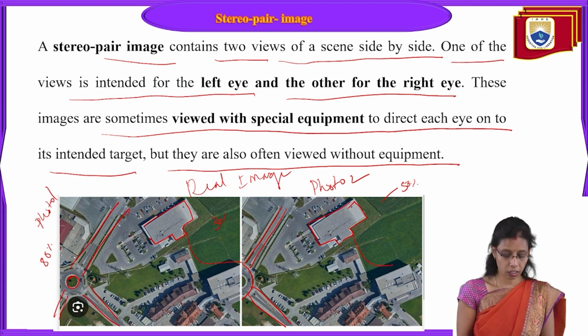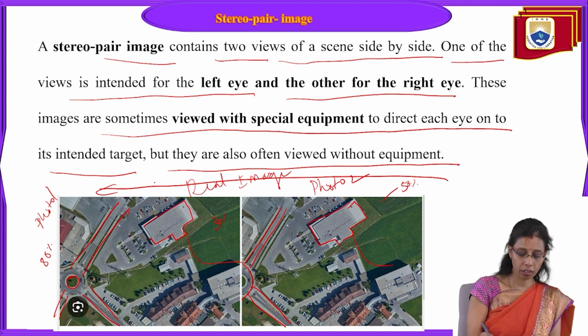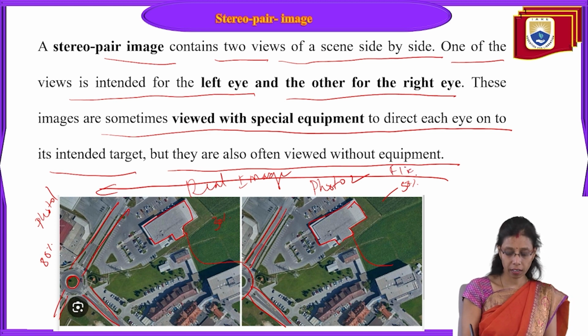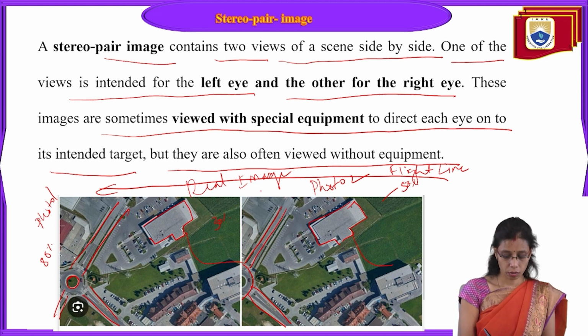When the flight is moving, say the flight direction is going from east to west. This is the flight line. Here the flight has clicked a photo. In this photo, while clicking, only about 50% of the area was covered for this junction.